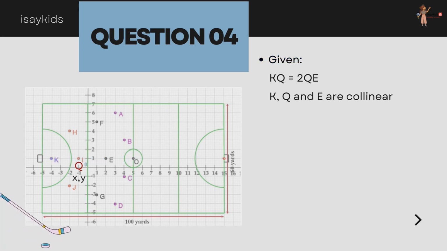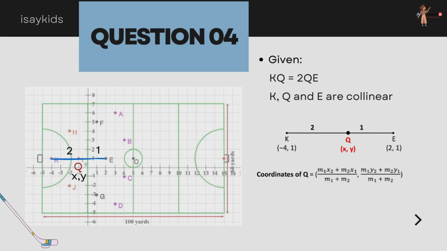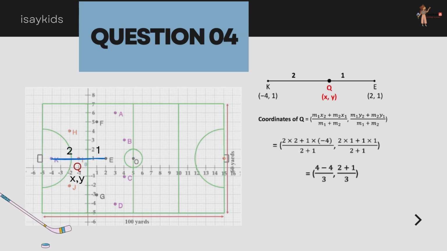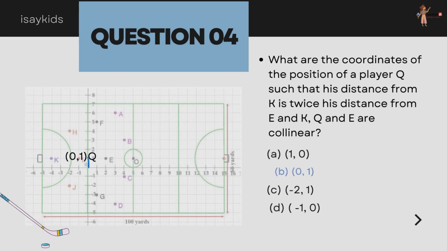Well, that means let the coordinates of Q be X and Y. So KQ is to QE is 2 is to 1. We can find the coordinates of Q with this formula. Thus, and hence the coordinates are 0 and 1. That means the correct option is option B.